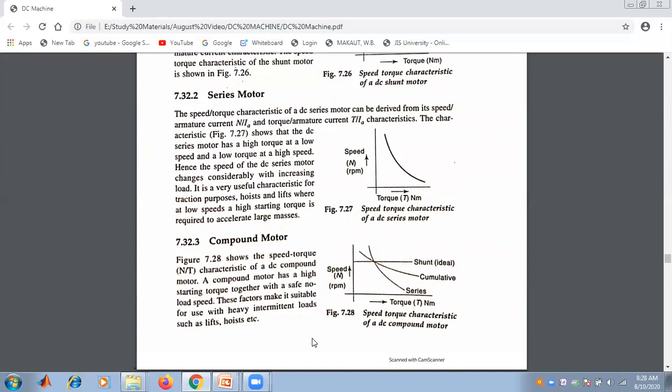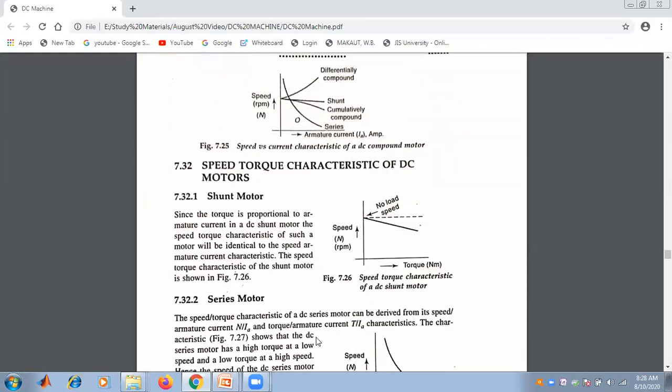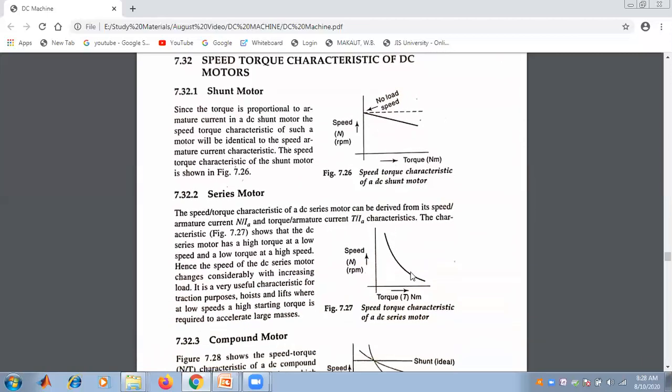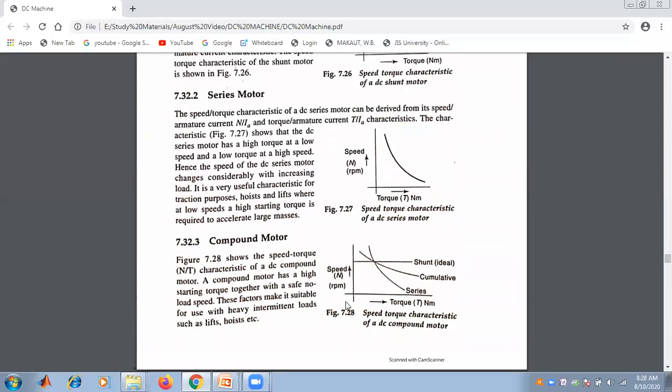These factors make it suitable for use with heavy intermittent loads such as lifts, hoists, etc. This is the speed torque characteristics of DC motors: one is the shunt motor, followed by the series motor, and followed by the compound motor.